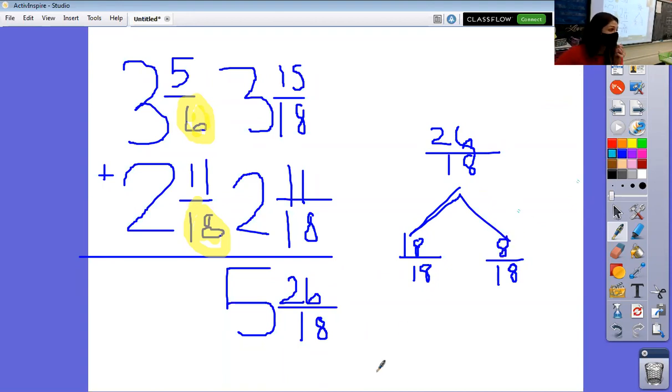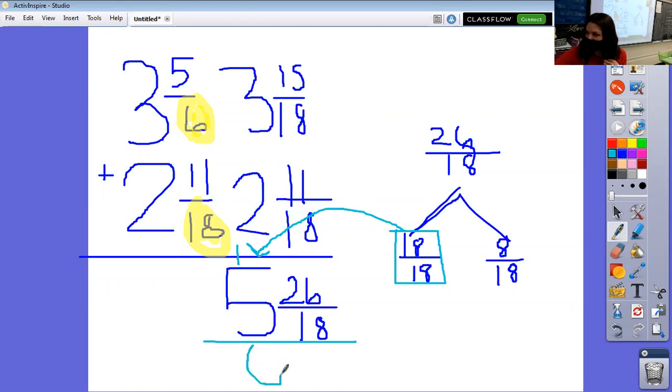Hang with me here. I'm not done. So what would 18/18 be regrouped as? 1. A 1, right? So what would 1 plus 5 be? 6. And what would my leftover fraction be? 8/18, right?